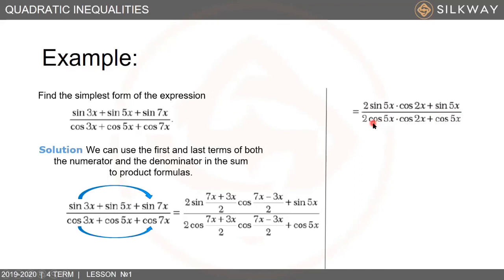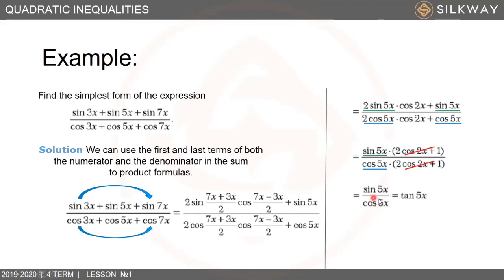In the denominator, cosine 5x and cosine 5x. If we take these two terms out of the brackets, we will have this. And here, these two expressions are the same, so we simplify them. And sine 5x divided by cosine 5x gives us tangent 5x.